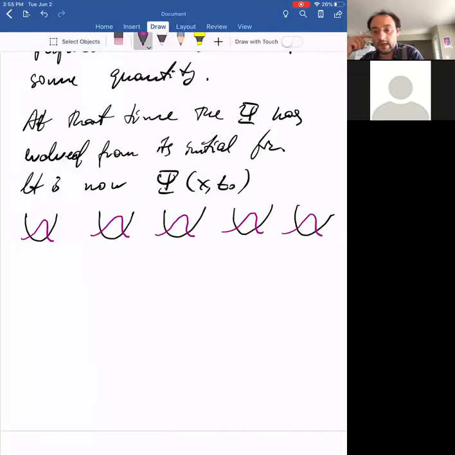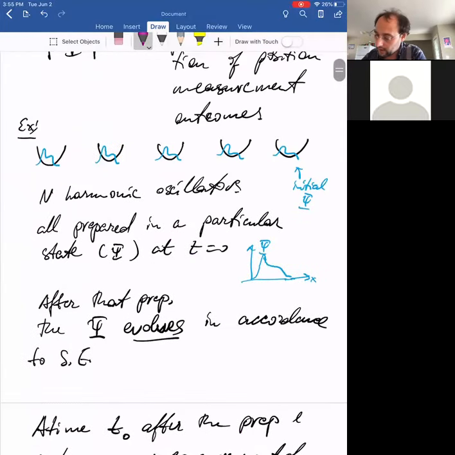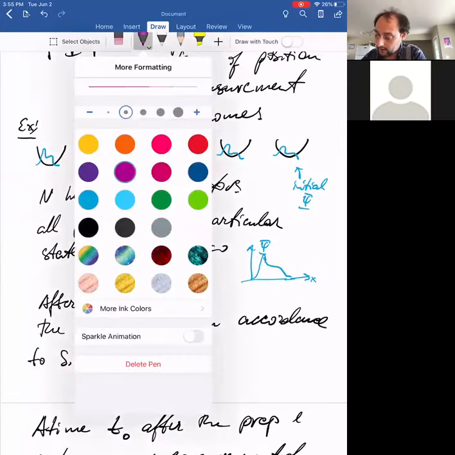The wave function evolves under the action of the Schrodinger's equation. Schrodinger's equation tells the wave function how to evolve. I mean, no one tells the wave function, but that's how we predict the evolution of the wave function. These parabolas are potential energies, right? I hope you understand that.